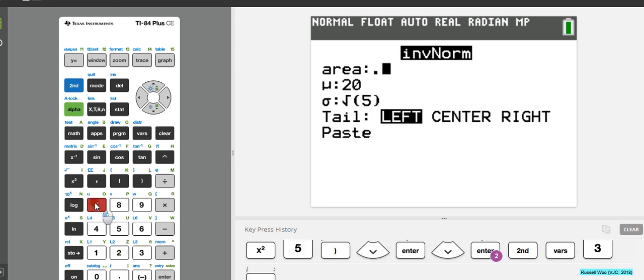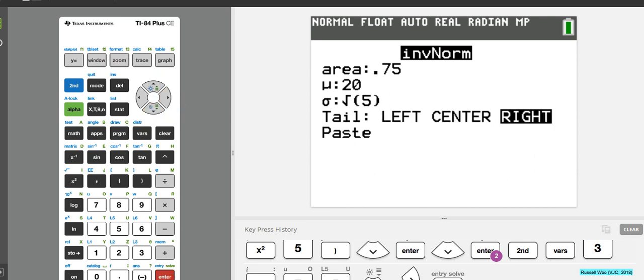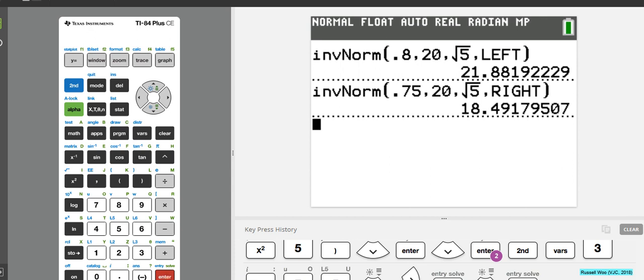You will enter 0.75 here, and then you will use your right area, because you're telling GC that you want right area to be 0.75. You will still get 18.5.